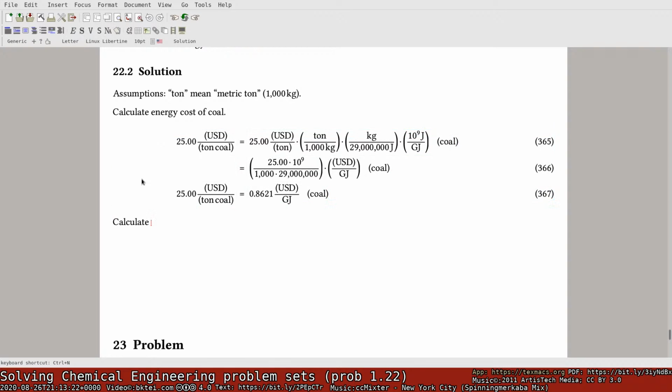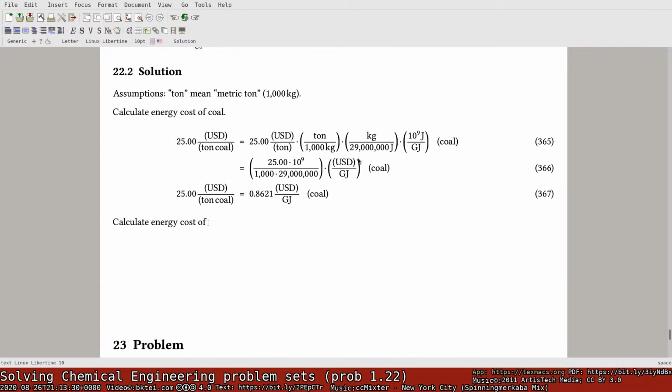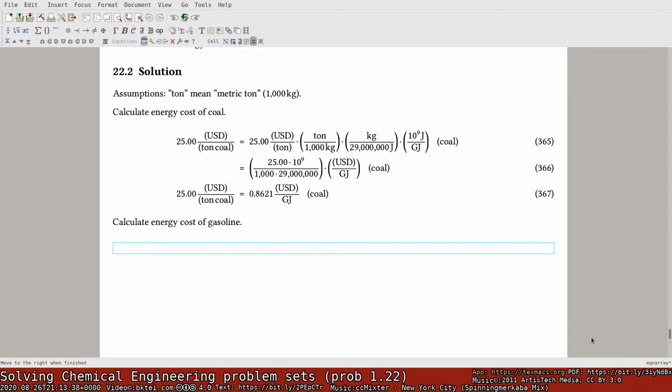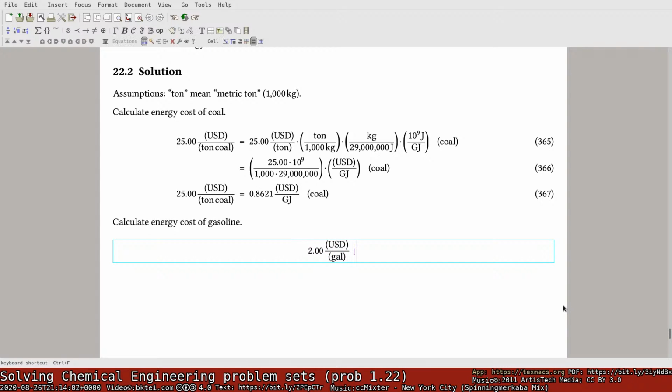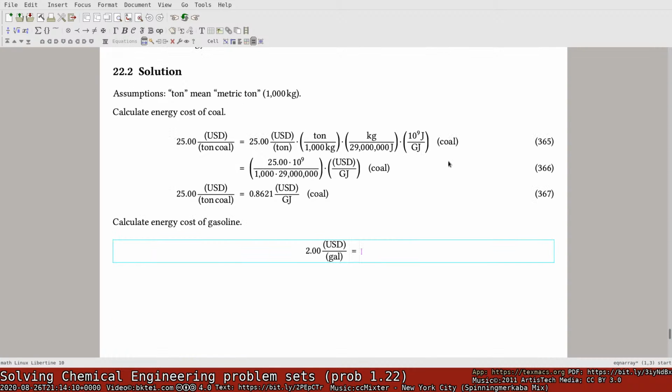Okay. Calculate energy cost of gasoline. $2 per gallon. All right.